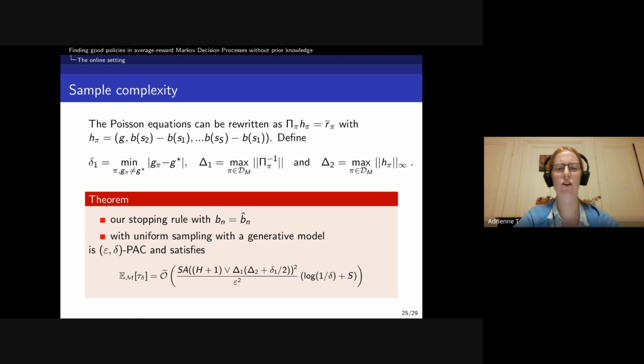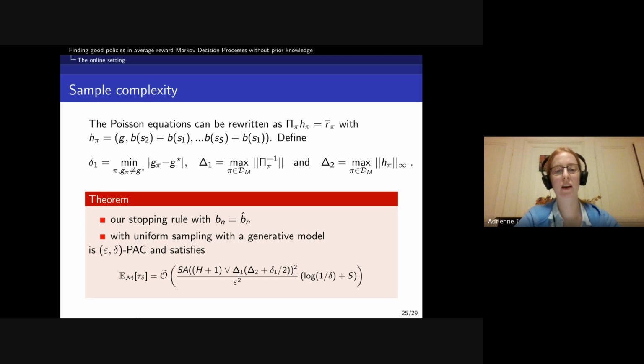And so those are all quantities that we're not really that used to dealing with. It's not the diameter, it's not H. We don't yet know precisely the links between all of our tools. But those are the quantities that appear when we compute the sample complexity.